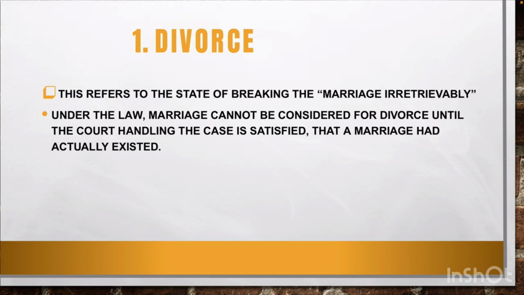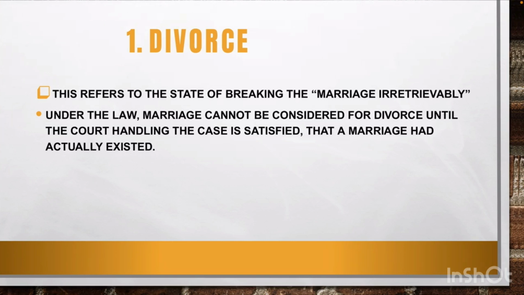So when you petition for divorce in the courts of law, the court will not just go directly into handling the case of divorce that you have presented before it. It is first of all going to determine whether the marriage had actually existed between the two of you. Does your marriage have a legal standing? These are the things that the court is going to determine or prove before they handle the case of divorce.